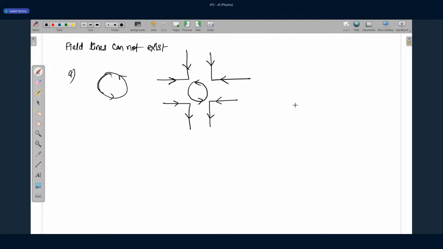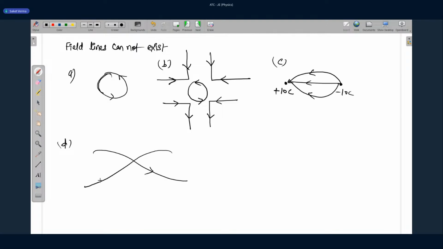It can never go from negative to positive. Suppose this is a plus 10 coulomb and this is minus 10 coulomb, then if you see electric field lines like this, this will never exist, and they will never intersect. This is the second diagram, this is the third diagram, and they will also never intersect. Suppose the electric field lines are this, then that is also not correct.